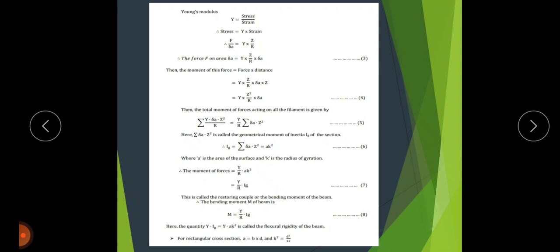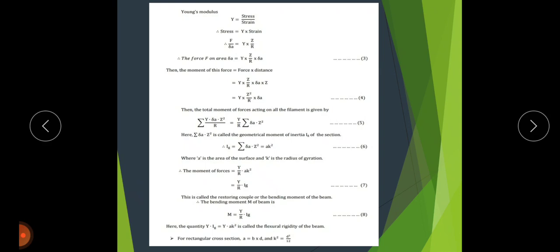Here the bending moment M of the beam has two possible cases, one for the rectangular cross section, another for the circular cross section. The formula for each will be discussed in the next slide.